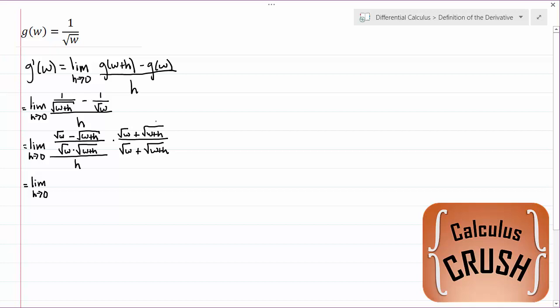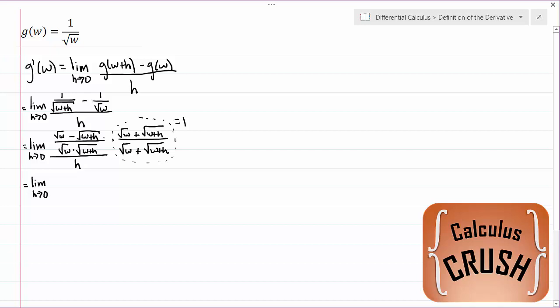Now I'm allowed to do that because this quantity here is just equal to 1. Right? It's basically a over a, where a is the square root of w plus the square root of w plus h. This is a clever way which allows me to get rid of the root signs on the numerator here.